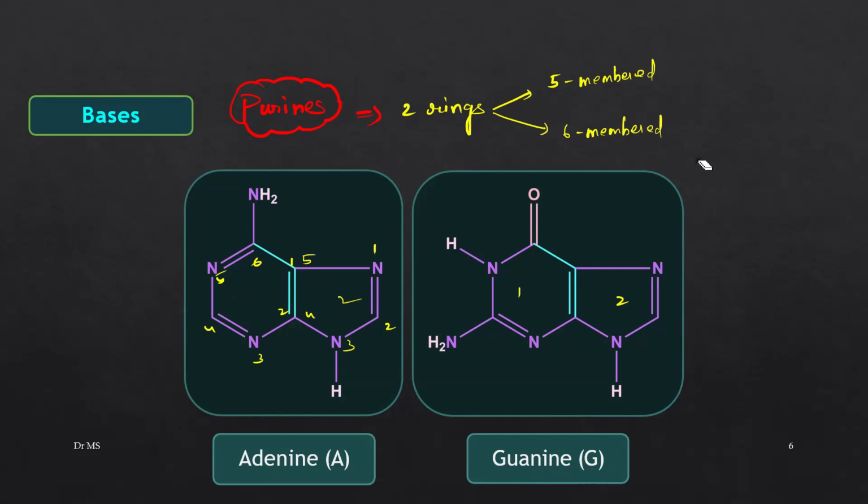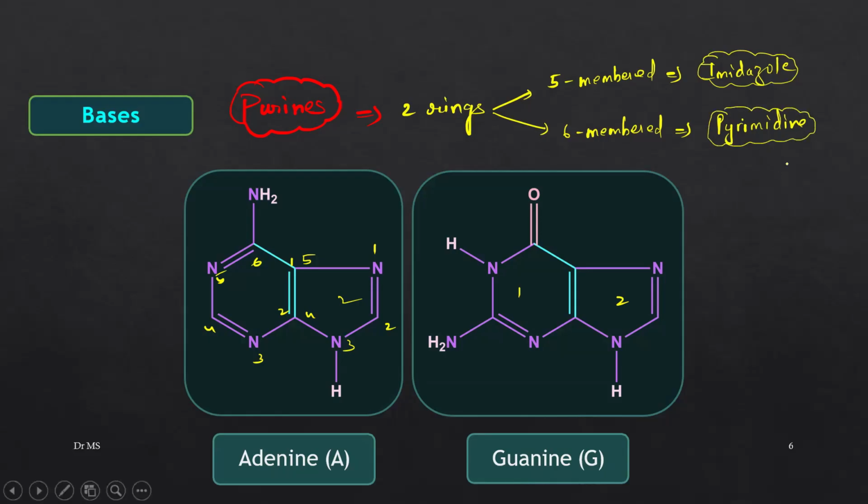So this 6-membered ring is also called pyrimidine. Remember. And the 5-membered ring is called the imidazole ring. You will be studying this in biomolecules, but now you just remember the 5-membered ring is imidazole and the 6-membered ring we call pyrimidine. Both fuse together and result in the formation of a purine.